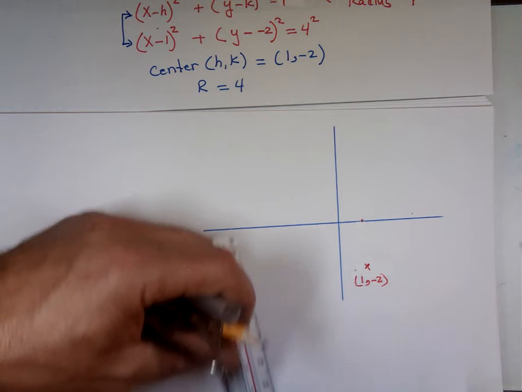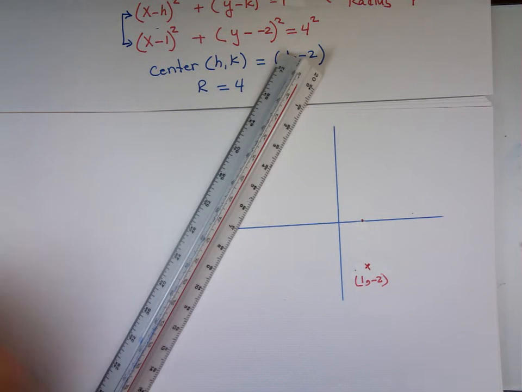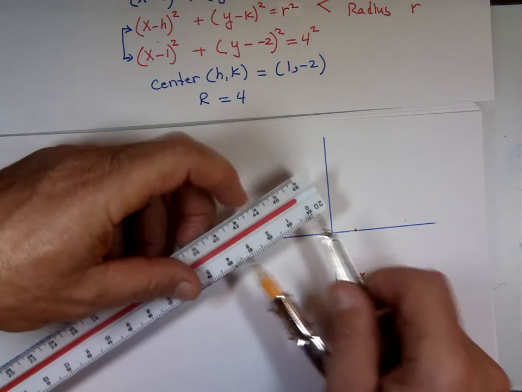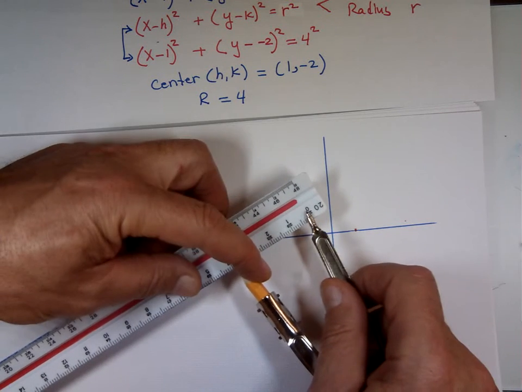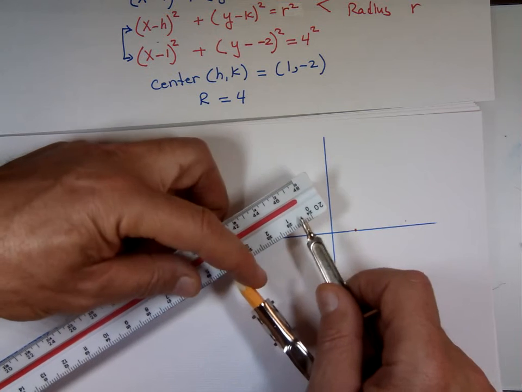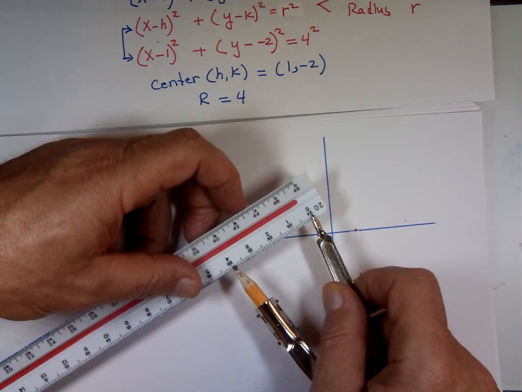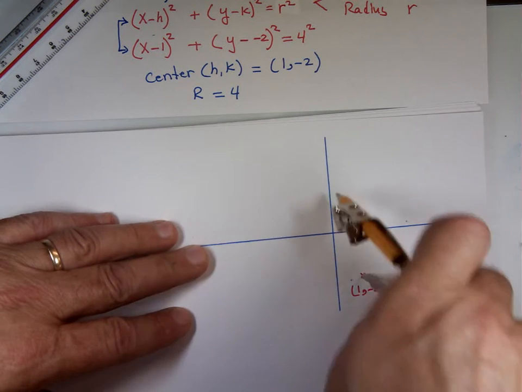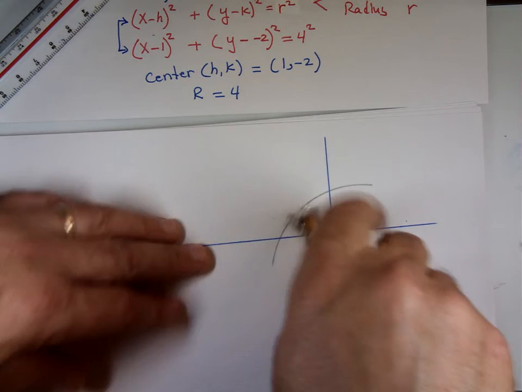Now my radius is going to be 4 units. So let me measure that 4 from here. That's 4. Can you see that? So my center is right here. You could start from here, and that's what the circle will look like.